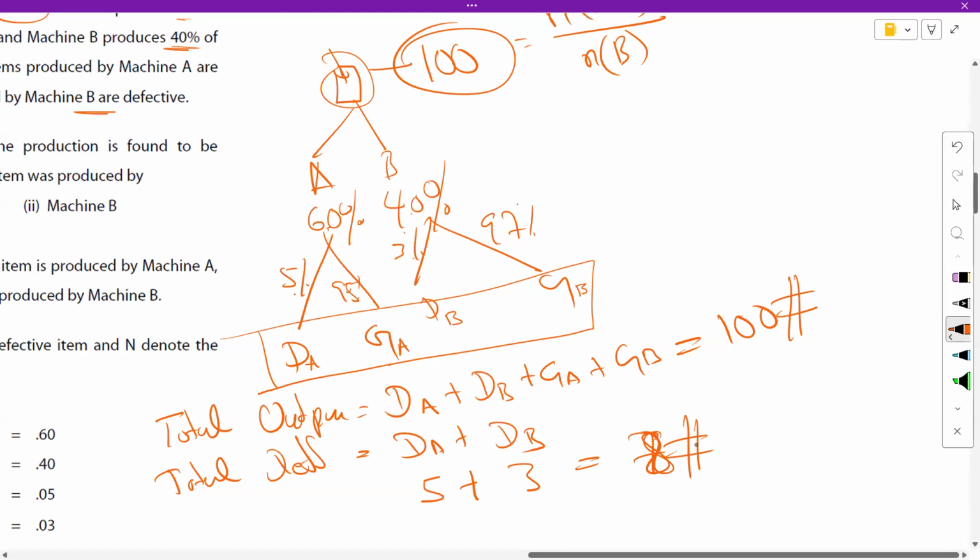Now tell me, what is the probability of getting a defective item, regardless of A or B? The defective item we can get from A or B among the total production.